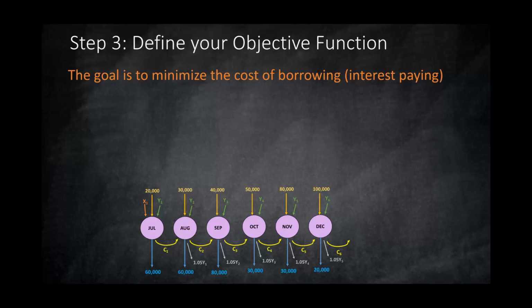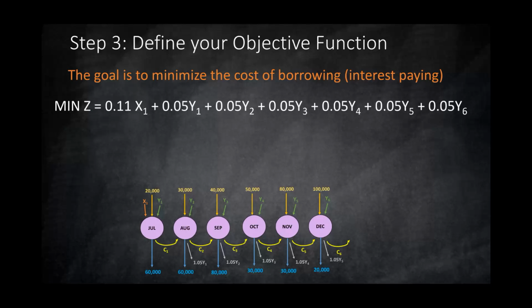If you read the problem again, at the end it is very clear, and it says that your goal is to minimize the cost of borrowing. Basically, the interest that you are going to pay on all the loans that you have borrowed. In this case, we have one loan, X1, that is for 6 months, and we will pay 11% interest.